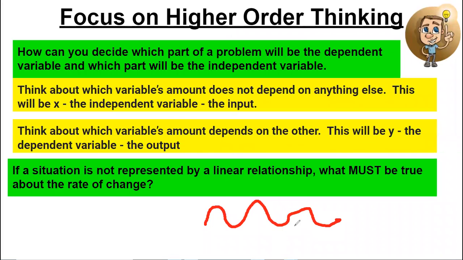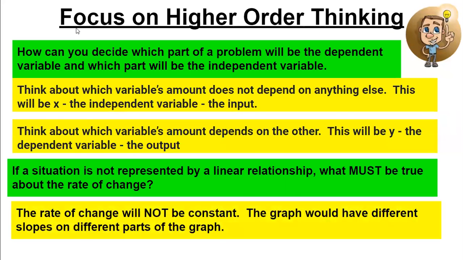It goes up, and then it comes down, and then it goes up, and then it comes down, etc., right? So the slope is not the same. So the rate of change will not be constant. The graph would have different slopes on different parts of the graph. So I want you to be thinking about that.